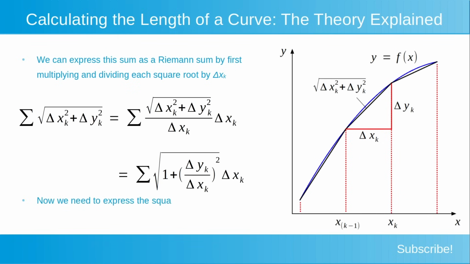Now we need to express the square root as a function evaluated at some x value c_k in the kth subinterval.